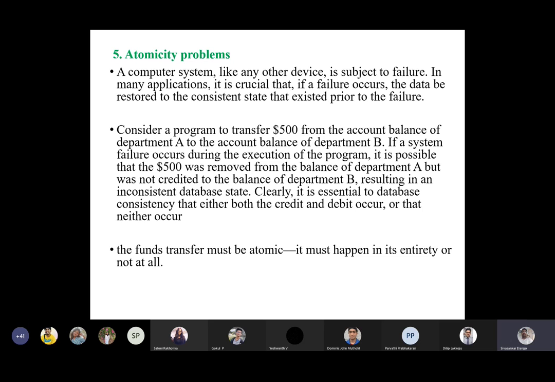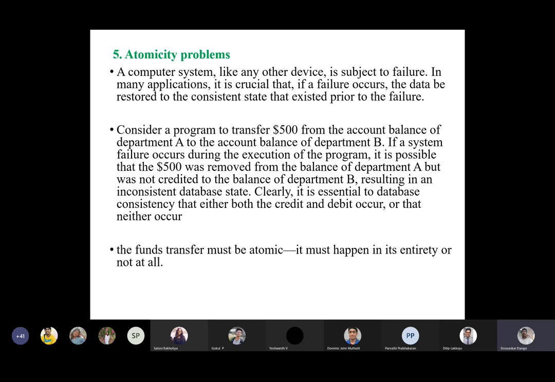However, this can be avoided in a database management system. It ensures that the transaction is atomic. The atomicity property guarantees that a transaction occurs completely or not at all. Transaction is atomic means, for example, if some amount is debited, the same amount is credited to some other account. You pay your tuition fees or your electricity bills, and the amount debited from your account should be credited into the institute account.